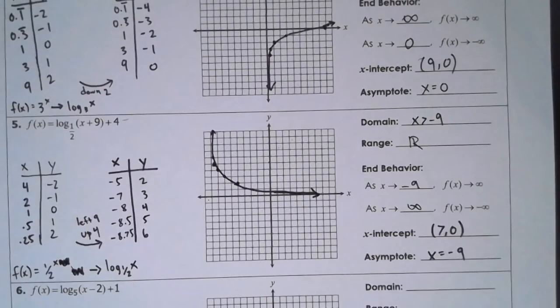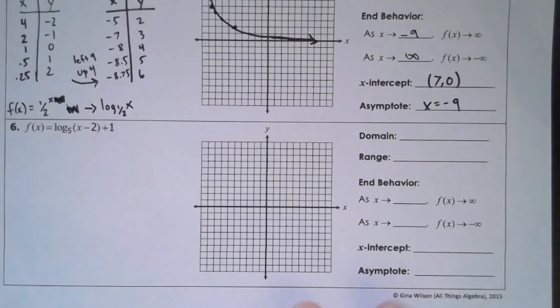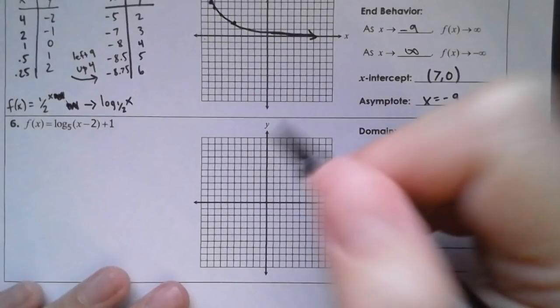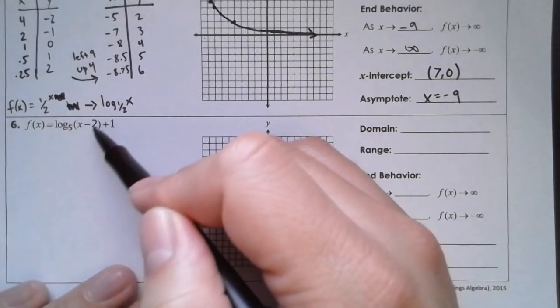For number 6 here, same thing, same one as number 5. I won't complete this problem here, but you can see that the transformations that you would have to keep in mind is you go to the right 2 and then you would go up 1.